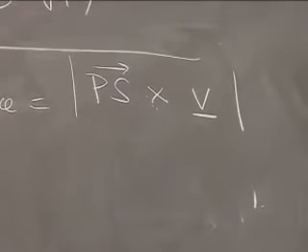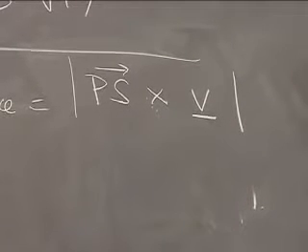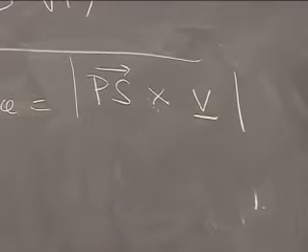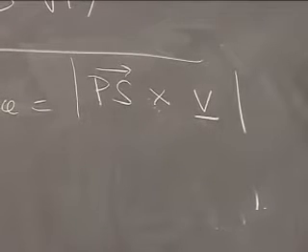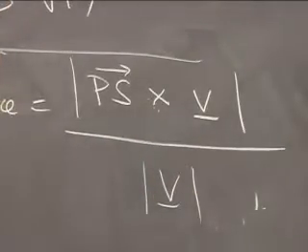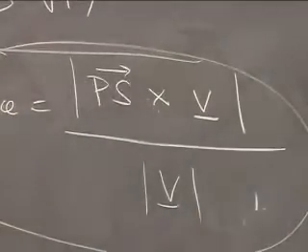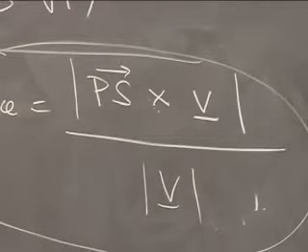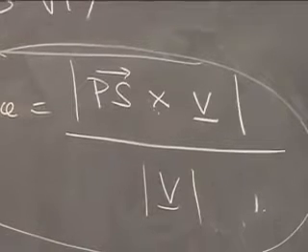Well, that would be the length of PS times the length of V times sine theta. But we just want PS sine theta, so we actually have to divide by the length of V. So that's the lightning fast derivation of this formula. We want PS sine theta, so we take the cross product, take its length, and divide by V.